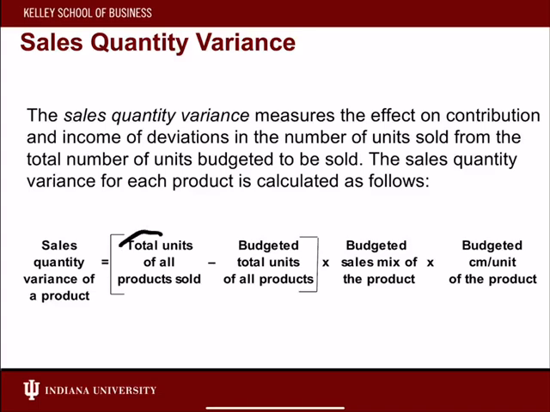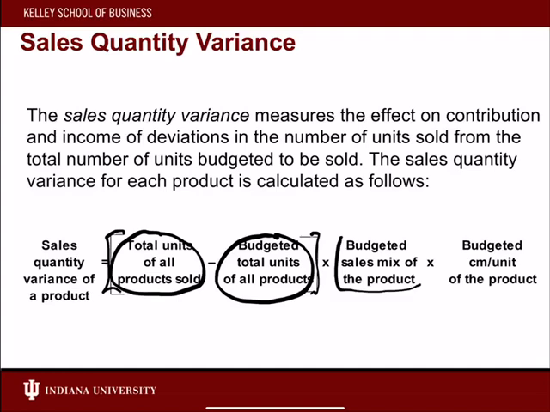It's all units of all products sold minus the budgeted unit or total sales of all products, right? So this part of the equation isn't at an individual product line. This is all products. And then we would incorporate the sales mix percentage and the contribution margin percentage of each product. And again, we do this calculation for all our products and sum it up.